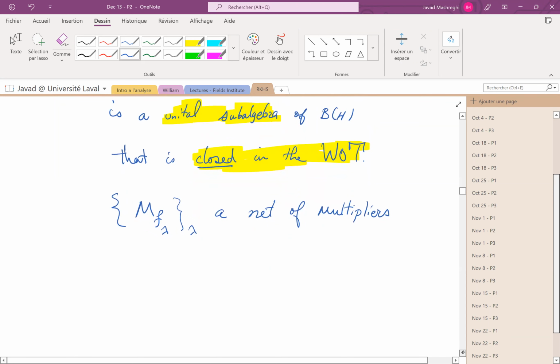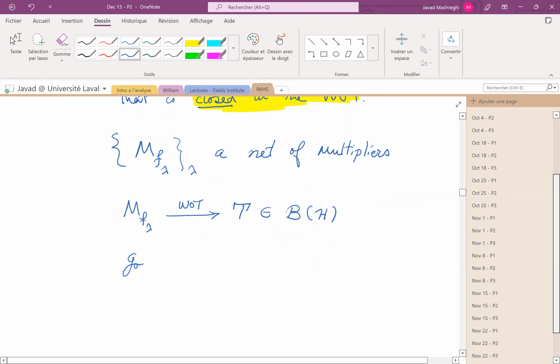We assume that this net of multipliers M_f_lambda converges in the weak operator topology to T, which is a bounded operator on H. Our goal is to show that T is also of the form M_f, where f is in Mult of H.